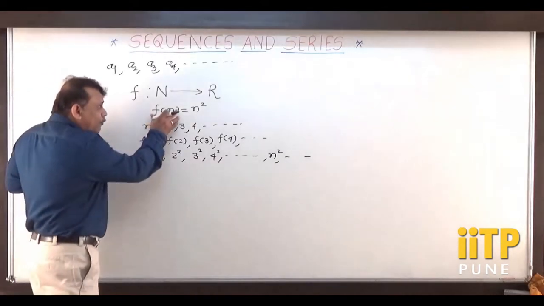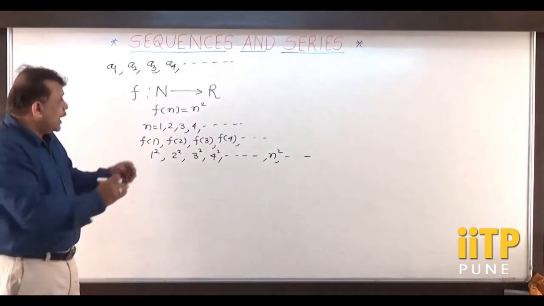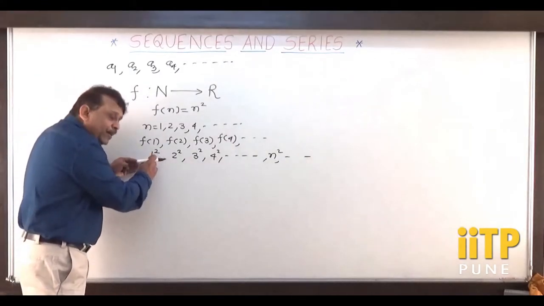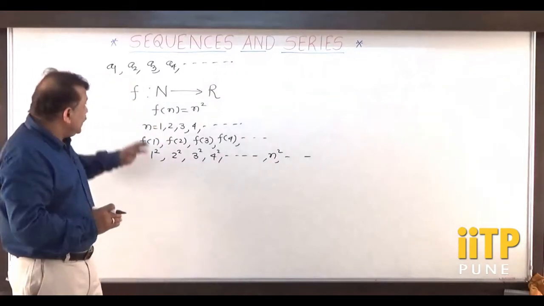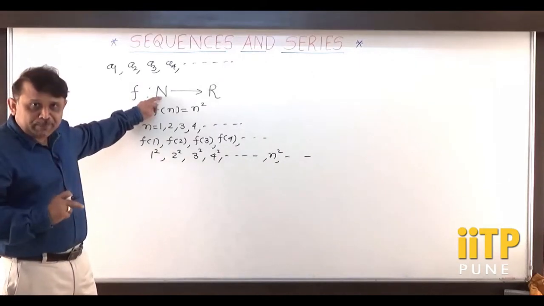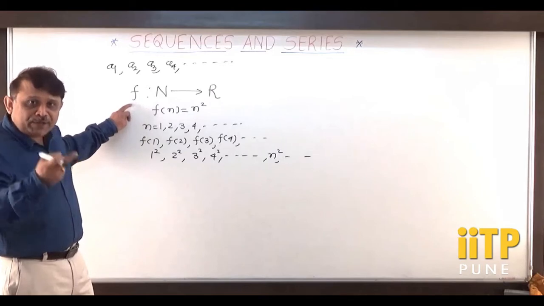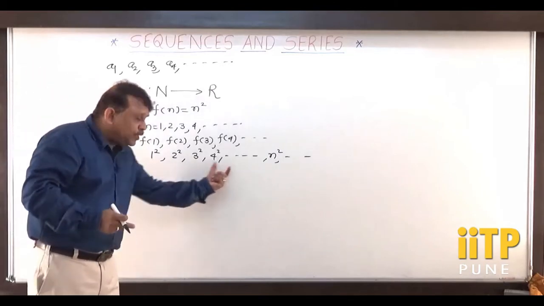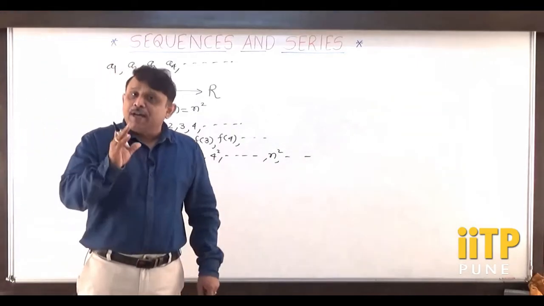So for finding the values of the function, I am using the natural numbers. As every time we are relating with the natural numbers, such a sequence is a function whose domain is the set of natural numbers. By choosing the domain of the function as the set of natural numbers, the range set can be defined as a sequence.